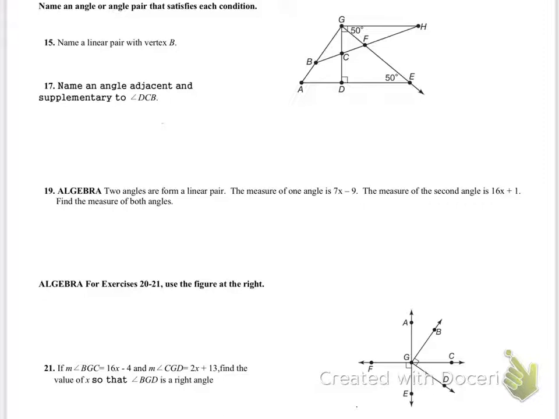15, name a linear pair with the vertex B. So B is right here. So I need a pair of angles that are a linear pair. So remember, it has to share the same line. So it looks like the best angle for me would be to do this angle here and this angle here. So that would be angle GBC, and then angle CBA.